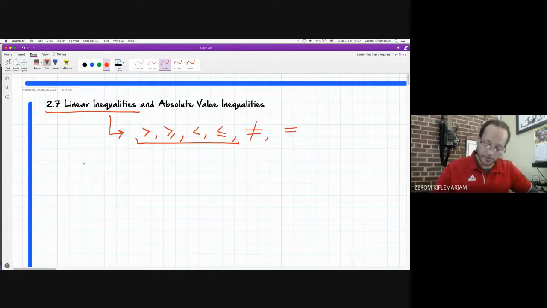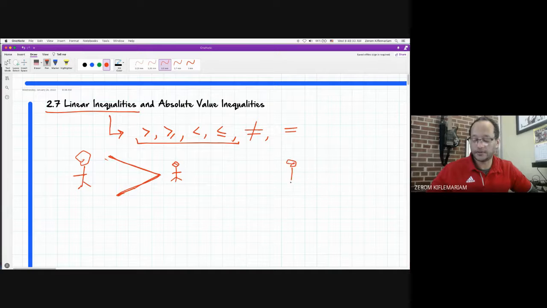If you remember from elementary school, a way to remember is that the mouth opens to the bigger side. So the larger one is where the mouth opens to. The greater than sign is on the left, and the less than sign is on the right side.